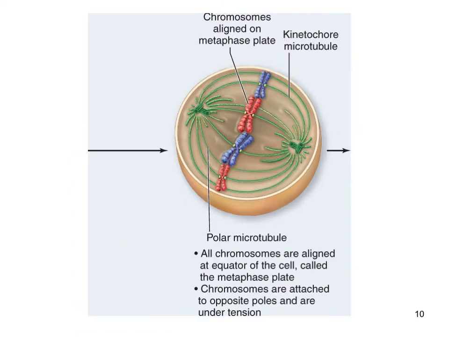In metaphase, what's going to happen is these duplicated chromosomes will line up in the middle, the metaphase plate or the equator of the cell, and the kinetochores of the centromeres become attached to the spindles, the spindle fibers, the microtubules.